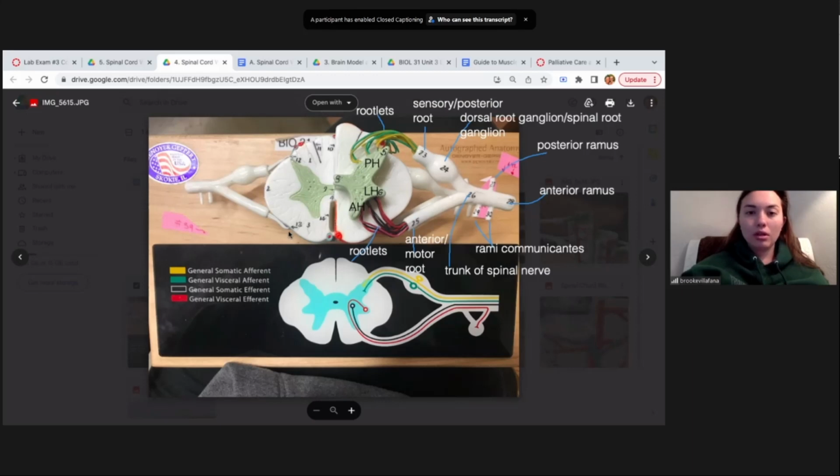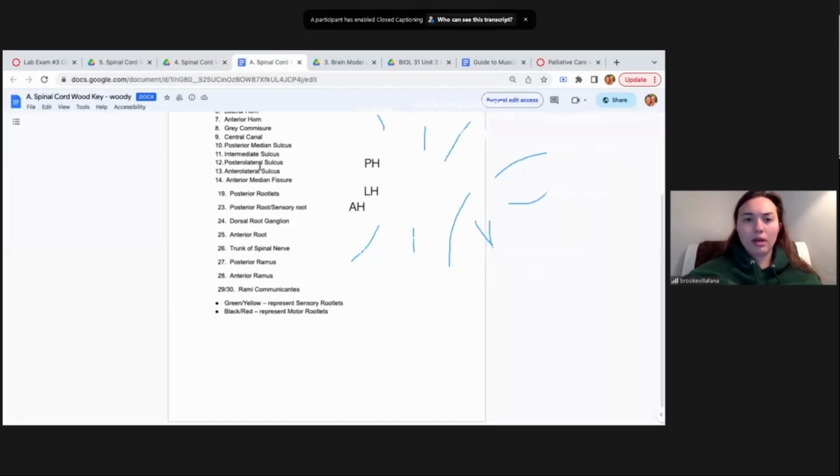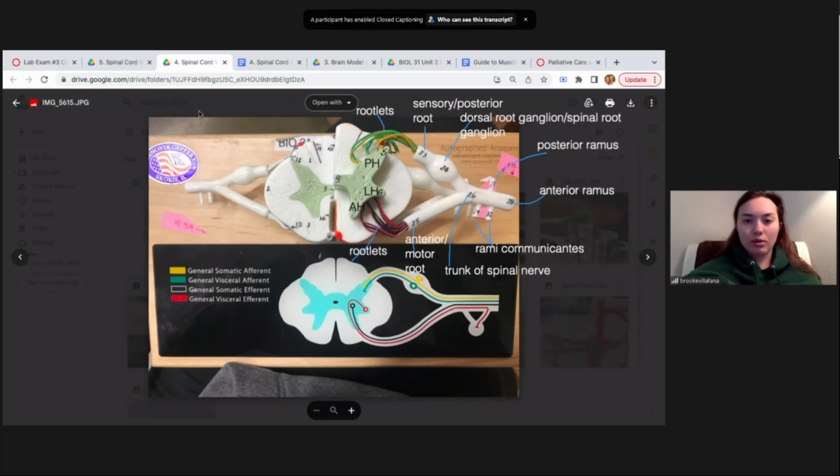This two, I think 2 should be for white matter, but if it's not, this whole area is white matter, right? We have a central commissure and a central canal. I think it's called, let me make sure it's not called something else. 8 is the gray commissure and the central canal.